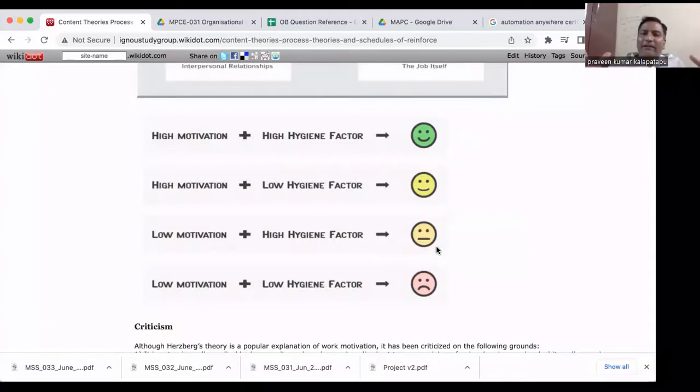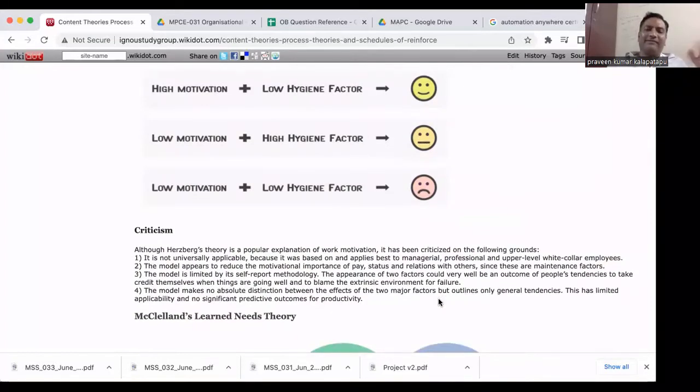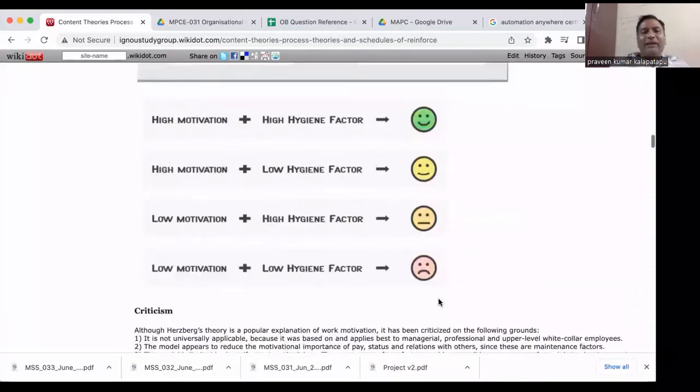You're not motivated, but you're not demotivated. Now comes low motivation and low hygiene. Your motivation is completely down, it's in reverse.